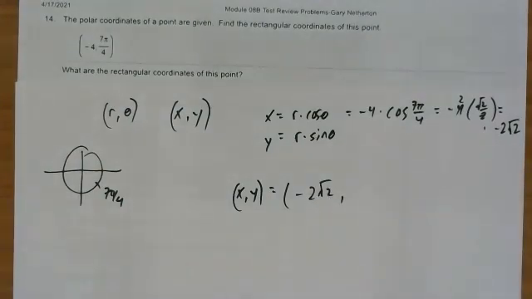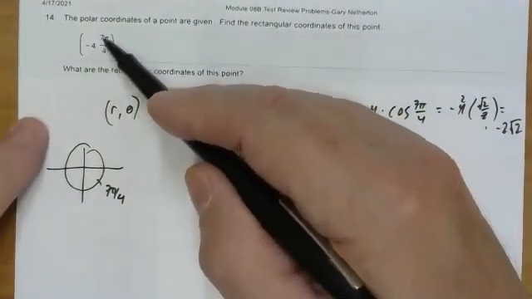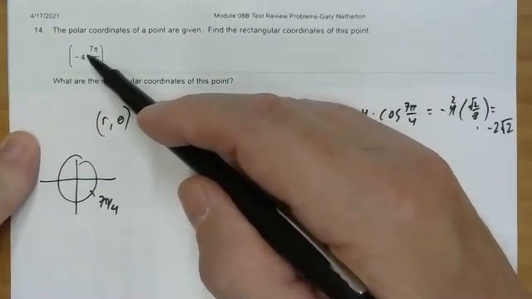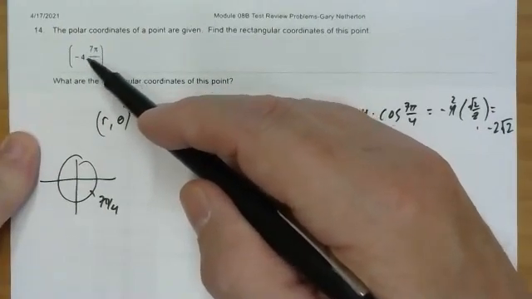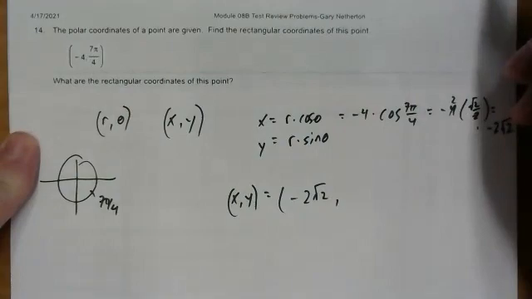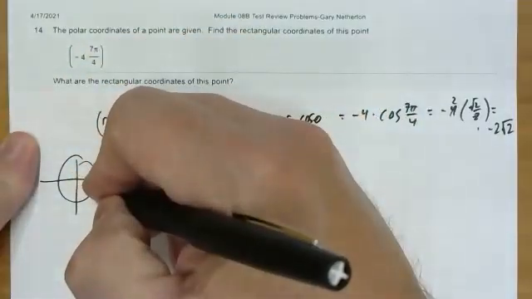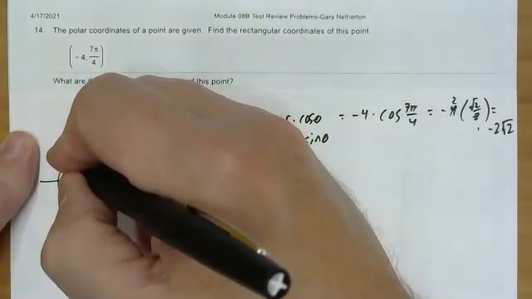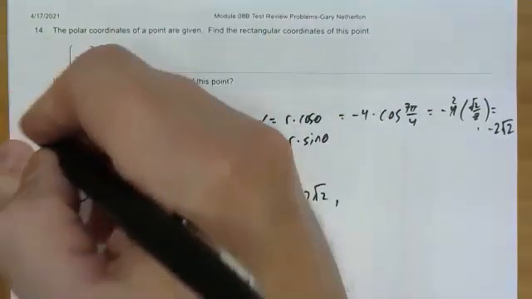Now, what I suggest you do on these problems, just as a check to make sure you don't goof up, let's make a quick plot of where this point is. I should have done this to start with, but let's do it now. 7 pi over 4 here, but -4 causes it to be over here.